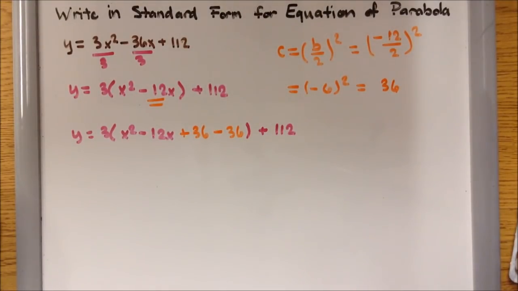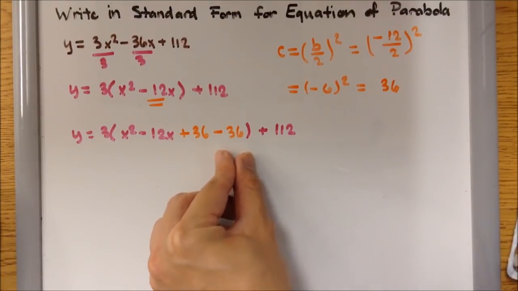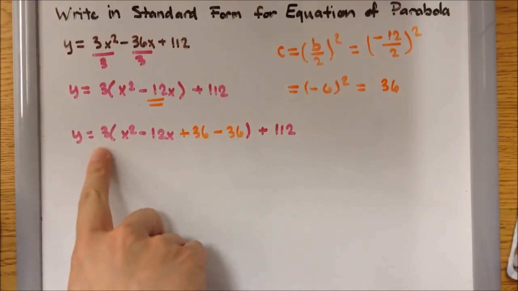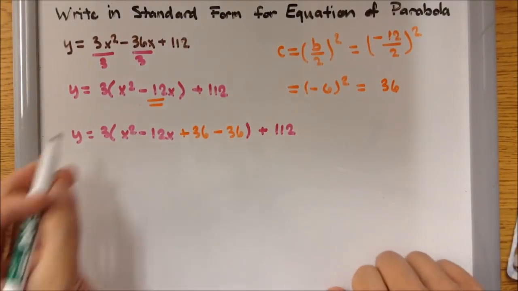So after that, I want to get the negative 36 outside the parenthesis, but before I can do that, I must distribute the 3 to that negative 36.